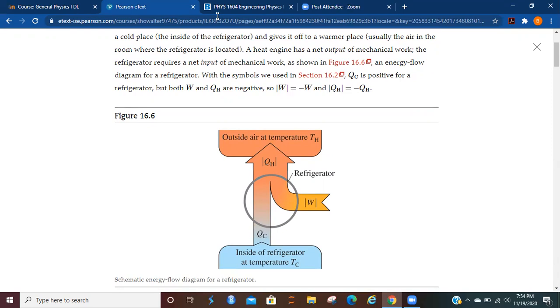So we're going to take a look at this particular diagram here. Q sub C is considered positive for a refrigerator, but both W and Q sub H are considered negative. So the absolute value of the work is going to be minus W, and the absolute value of the heat released into the hot reservoir is going to be minus Q sub H.